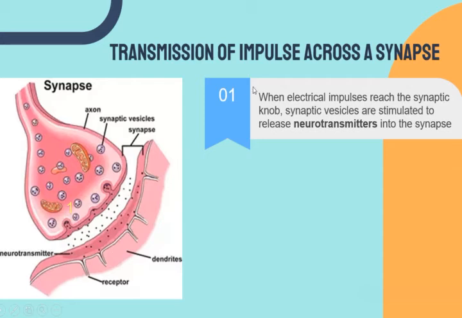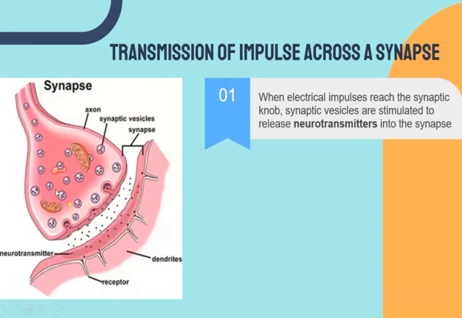When the electrical impulse reaches the synaptic knob here, synaptic vesicles are stimulated to release neurotransmitters into the synapse.